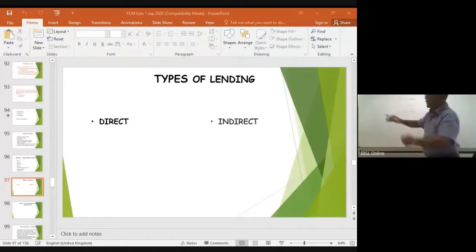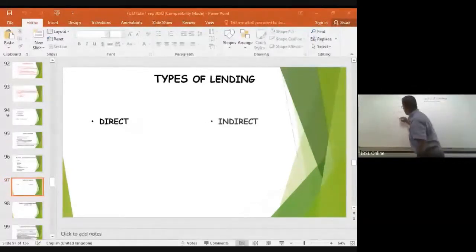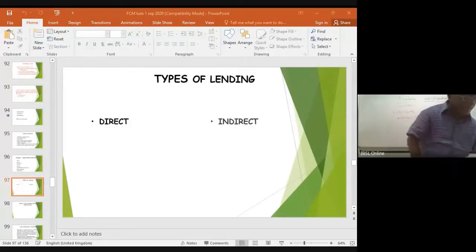So because it's affecting your cash outflow, sometimes we call them as on balance sheet activity or advance.